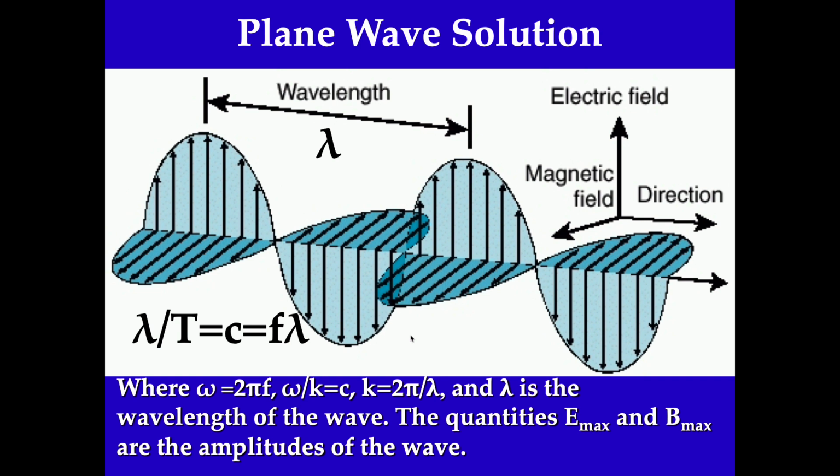This picture shows you the direction of oscillation of the electric field. It shows you the direction of oscillation of the magnetic field. And it shows you the direction of travel of the wave. All three of them form a right-handed coordinate system. If you take a cross product of the electric field vector with the magnetic field vector, the result is in the direction of travel of the wave.